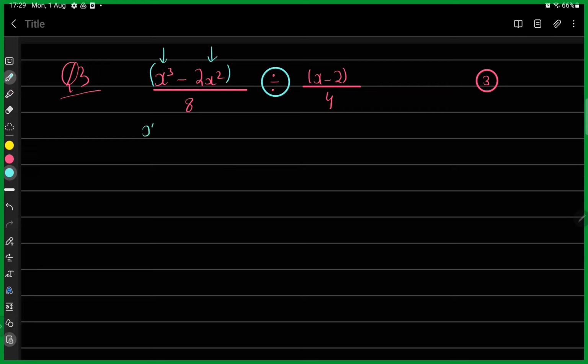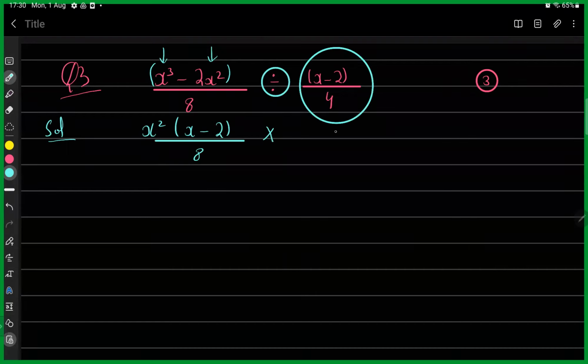So I'll take x squared common, and this is going to give me x minus 2 divided by 8, which would come as it is. Then this division sign would be converted to multiplication, and I'm going to take the reciprocal of this fraction, so this would become 4 divided by x minus 2.